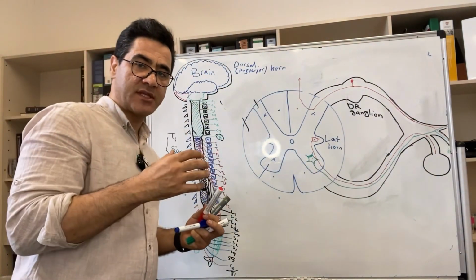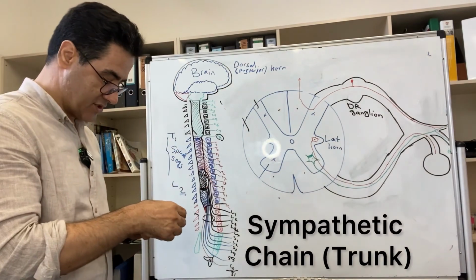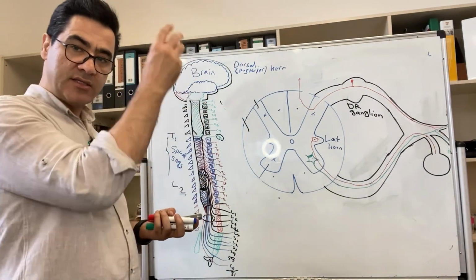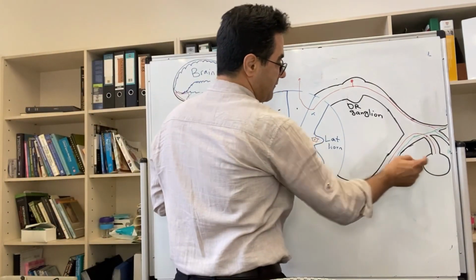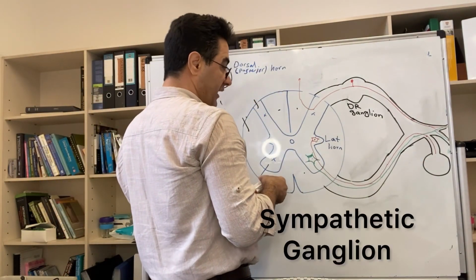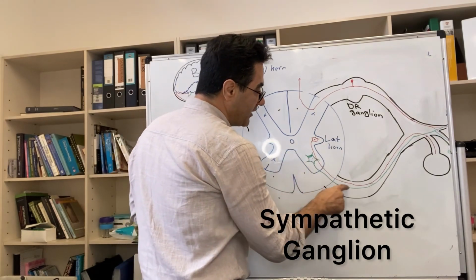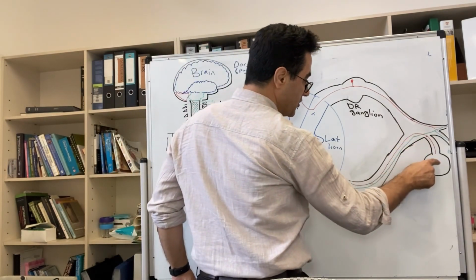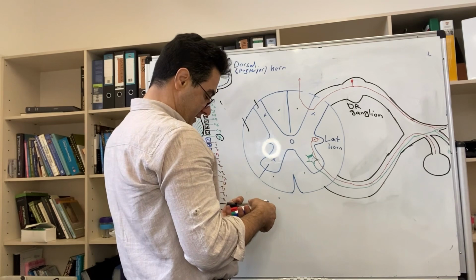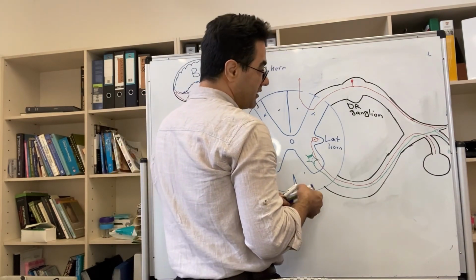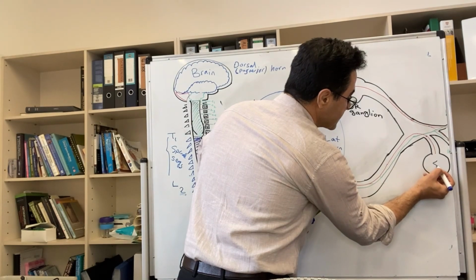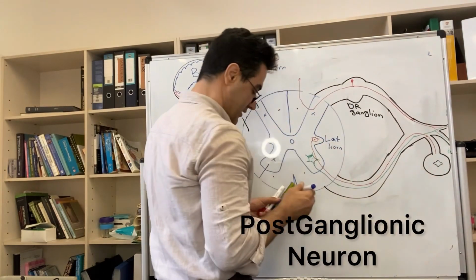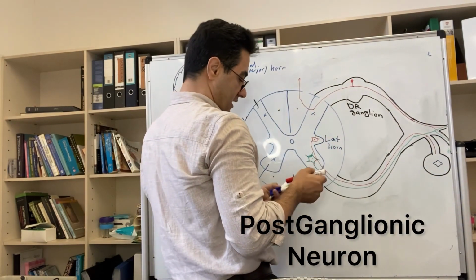Within this sympathetic chain or trunk, on the way, we have this sympathetic ganglion. So the preganglionic sympathetic neuron synapses onto the postganglionic neuron. The cell body of the postganglionic sympathetic neurons is within the ganglion.